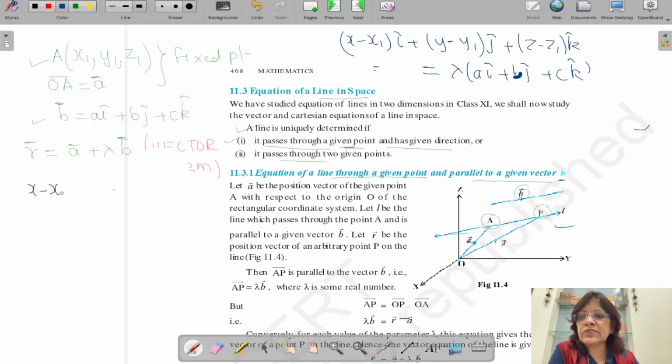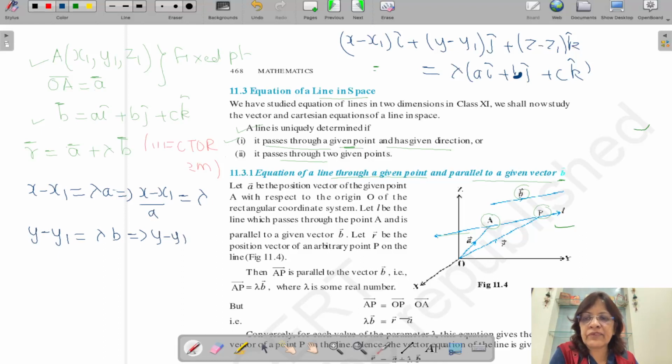x minus x1 will be equal to lambda times a, that is the component of i, which implies (x minus x1) upon a is equal to lambda. Similarly, the j component gives y minus y1 is equal to lambda b, so (y minus y1) upon b is equal to lambda, and z minus z1 is equal to lambda c, so (z minus z1) upon c is equal to lambda.